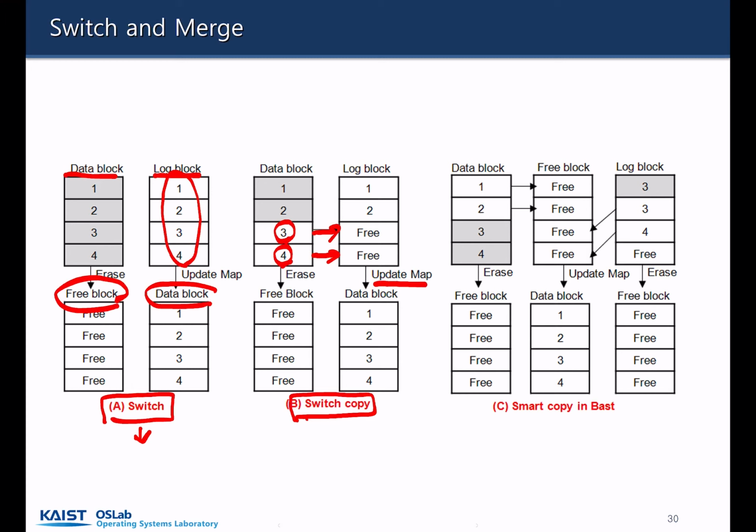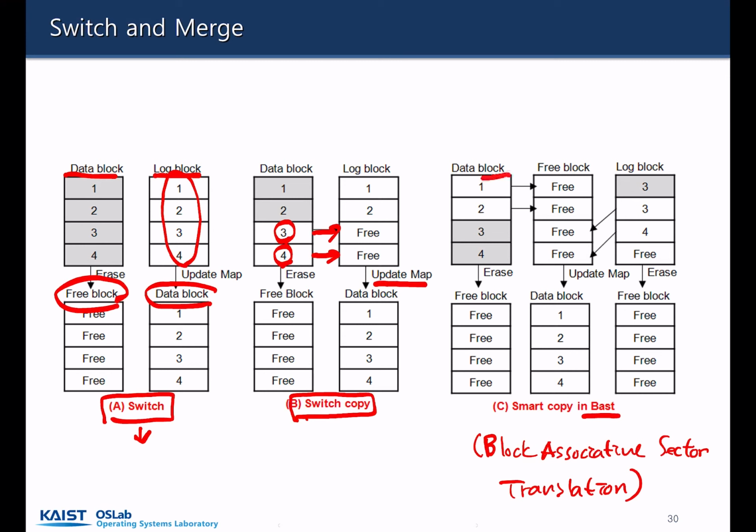BAST is a name of block associative sector translation. This is called BAST, but you don't have to pay attention to the abbreviation, what it means. This is hybrid mapping.